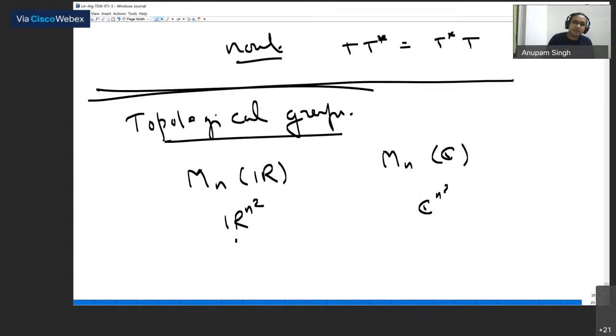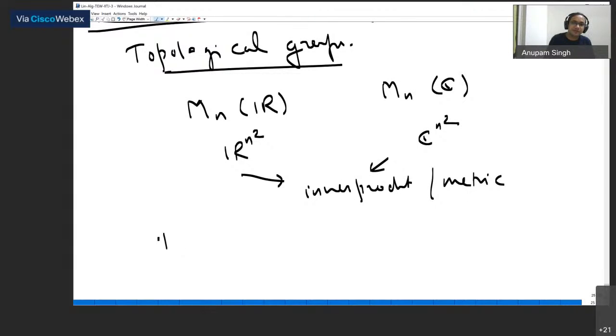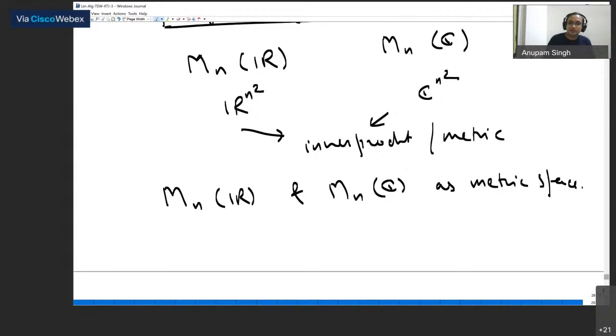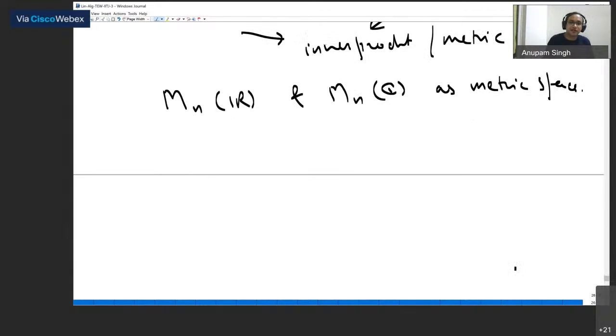With N square coordinates, I can define an inner product on both, or rather a metric. So I can think of MNR and MNC both as metric spaces, and then we have the kind of groups we defined just now.